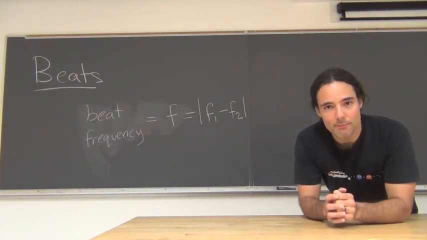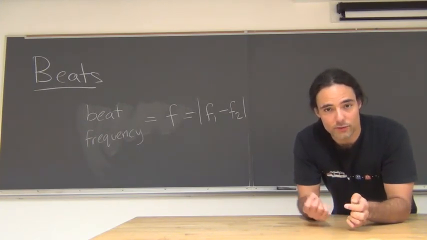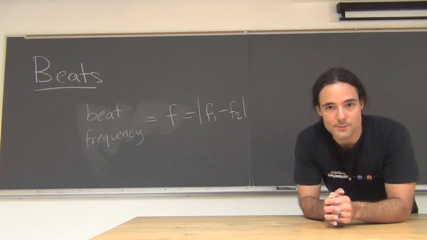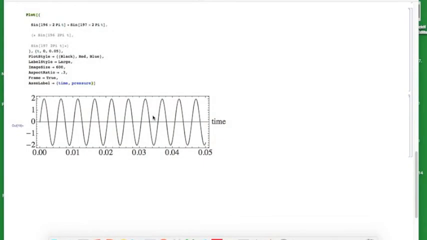Well, let's take a look at Mathematica and plot two different sine waves with close frequencies and see if we can determine why there's beats. We're going to plot our sound wave using Mathematica. So here we see just a simple program that plots the superposition of two sound waves, two sine waves specifically.